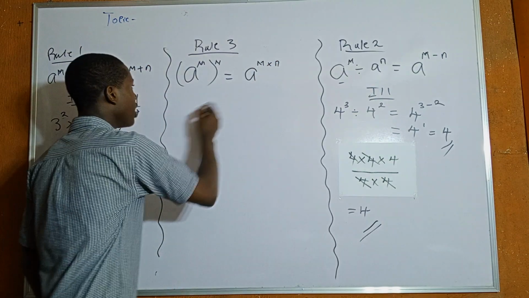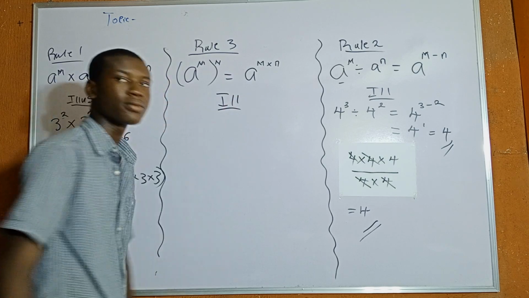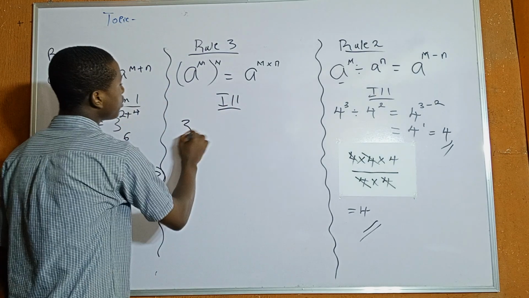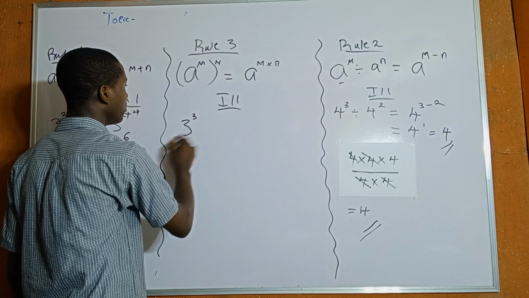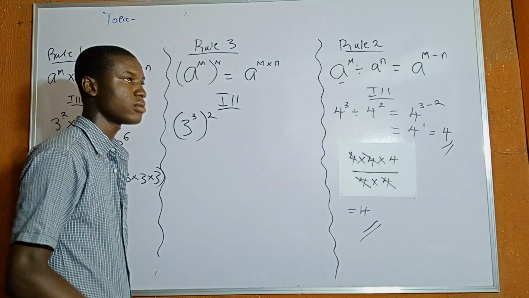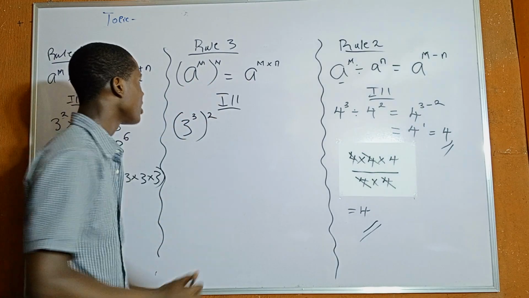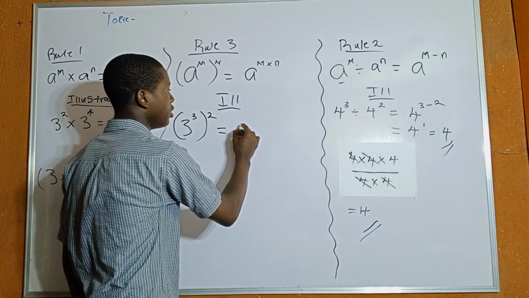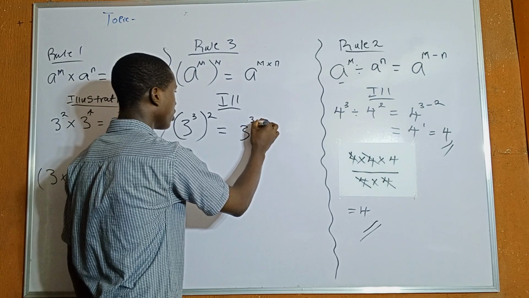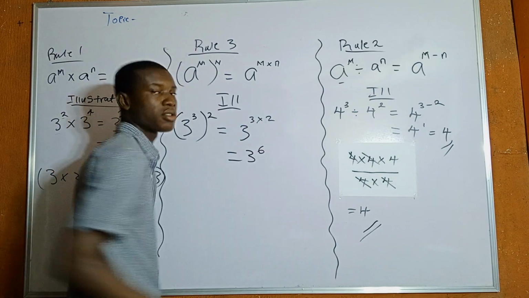Now if we are given a question for illustration, 3 raised to power 3, close brackets, raised to power 2, the rule says that it will be equal to 3 raised to the power 3 multiplied by 2, which will give us 3 raised to the power 6.